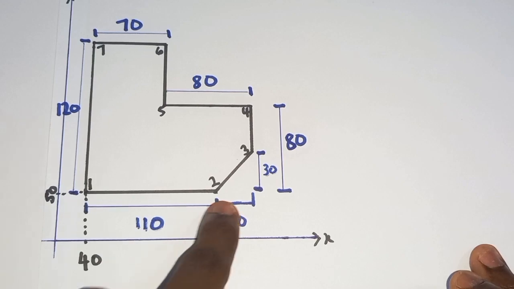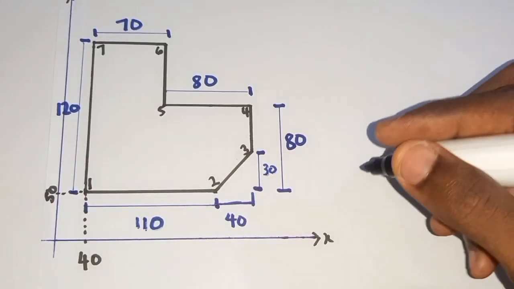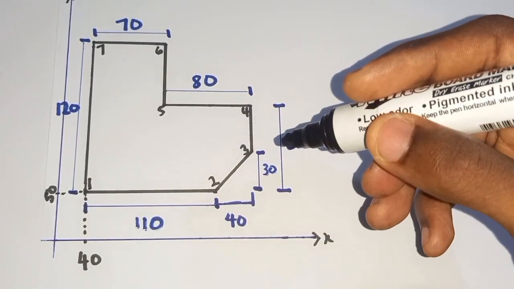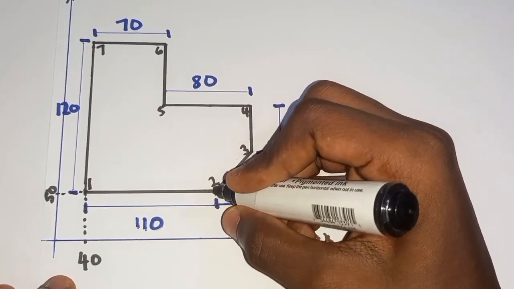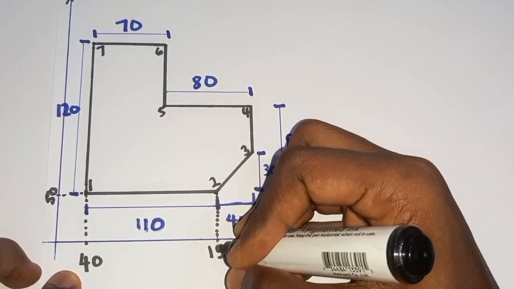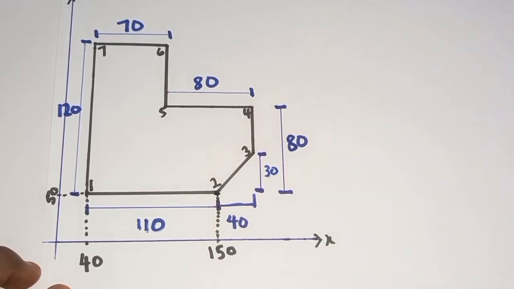So by moving to 2, what do you think plotting this on the xy plane will be for 2? 2 will be 40 plus 110. That will be 150. So then here will be 150, the x part. 150, 50 to get that of the 2.